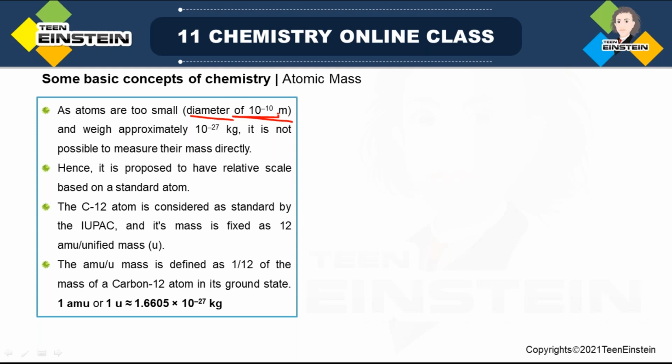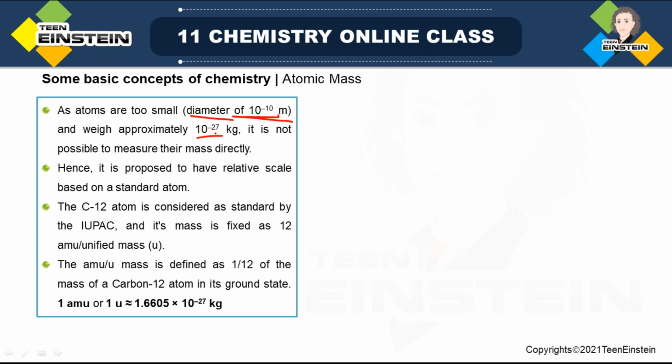And their weight, whatever the element, because depending on the element there will be different atoms, but whatever the element, their weight is more or less around 10 to the power minus 27 kg. Even if you express it in gram, just multiply by 1000, it will be at most 10 to the power minus 24.